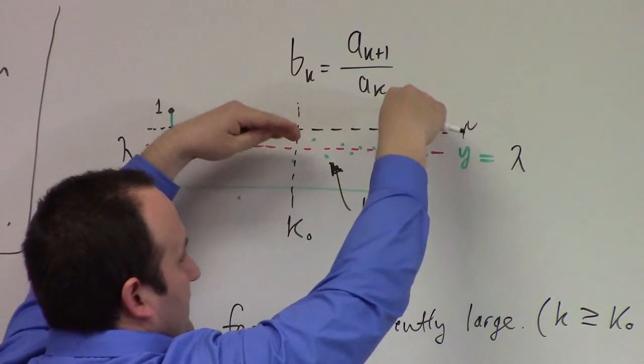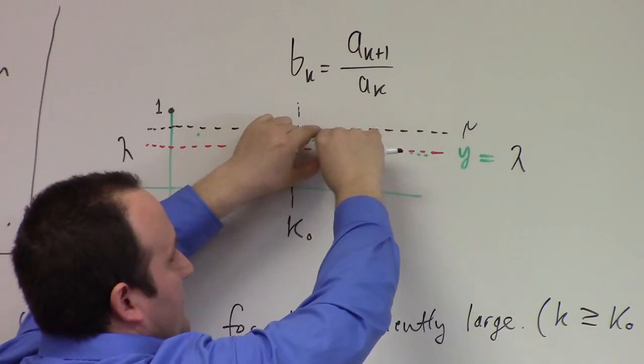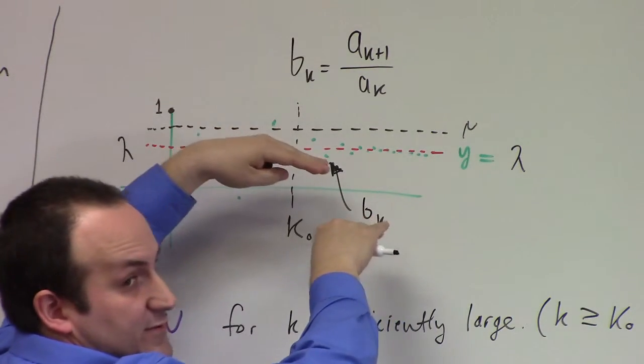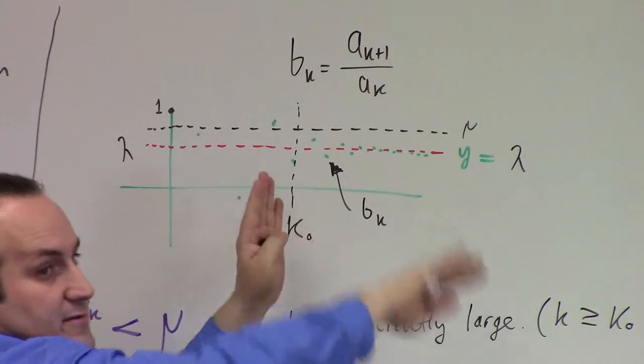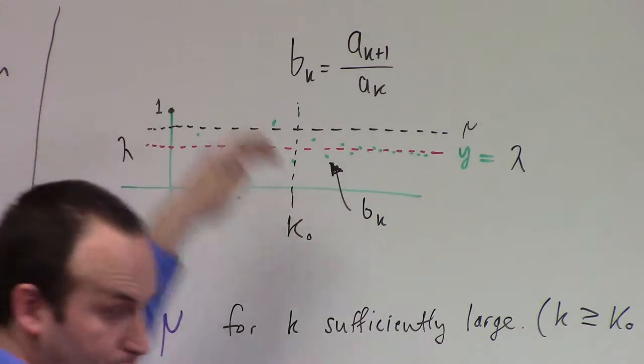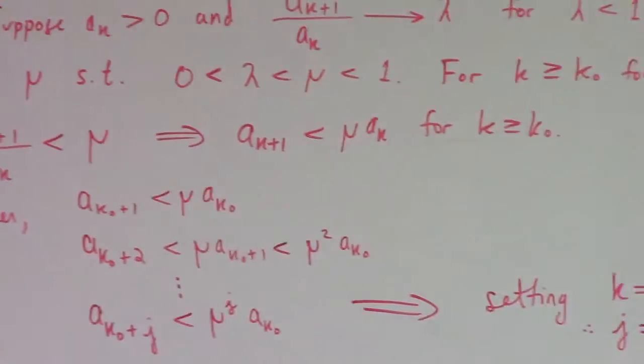Mu is larger than lambda. So it has to be that the sequence is getting away from mu. So mu has to be above the ratio of a sub k plus 1 to a sub k if we're far enough out. But that is still below the number 1, right? So I have this. You guys, you see why it's true?